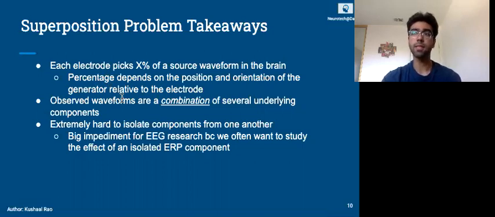Like I said, if the signal is in the front of my brain, it's obviously going to be picked up with better intensity and represented at a higher percentage of the electrode waveform at the front of my head than it would be if that electrode were in the back of my head. So the observed waveforms are a combination of several underlying components. And just to reiterate, it's extremely hard to isolate components from one another, and that's the big impediment we have for EEG research right now.